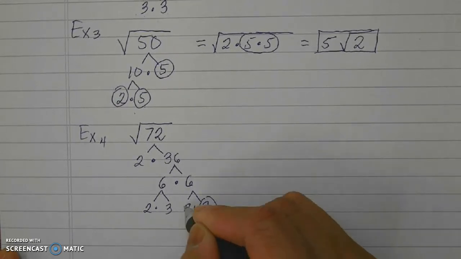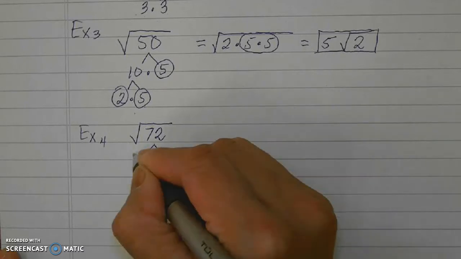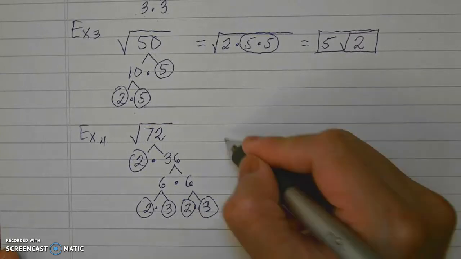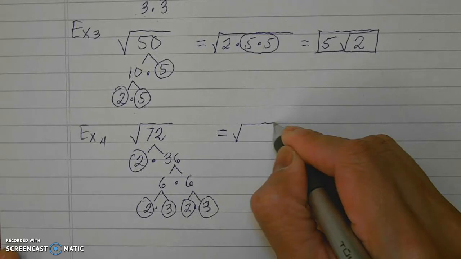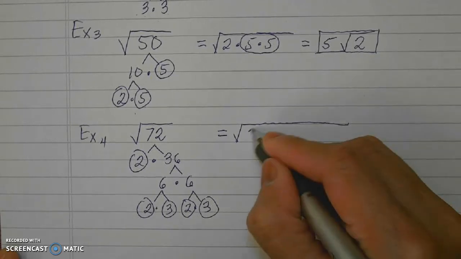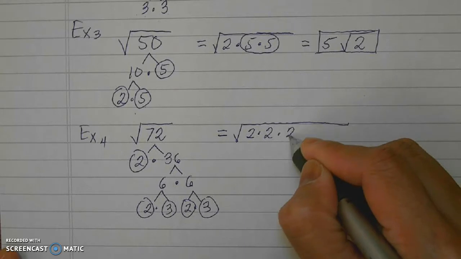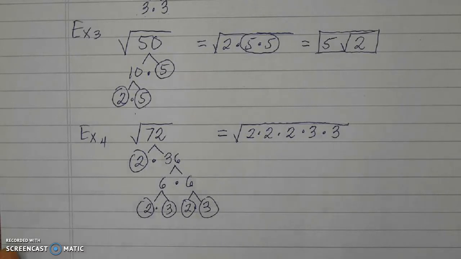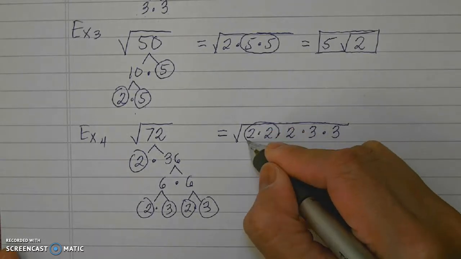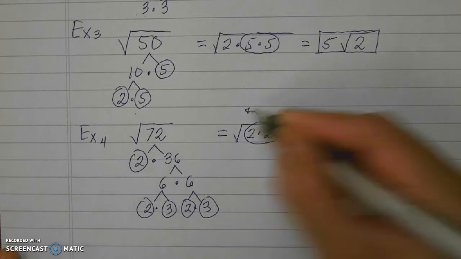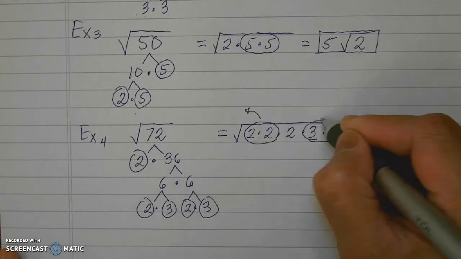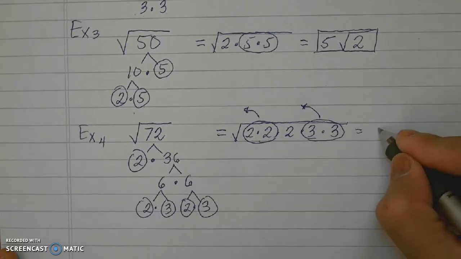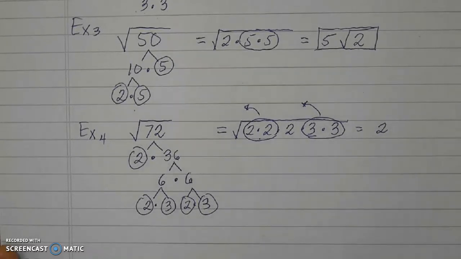Okay, circle all your prime factors. 36, 6, and 6 are not prime factors, so you're not going to include them. Inside the radical sign, I would suggest to put them in order. So 2 times 2 times 2 times 3 times 3. So this has a pair. It can go out. This has a pair. It can go out. If they go out, that's just going to become 1 piece of 2.